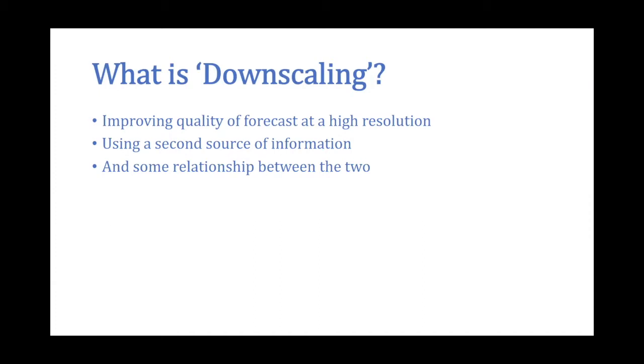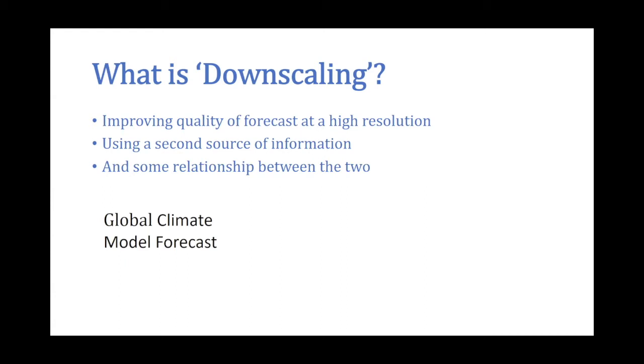A fairly typical example of downscaling would be a global climate model forecast. Global climate model forecasts produce forecasts for the entire Earth, but it's not at a very high resolution.